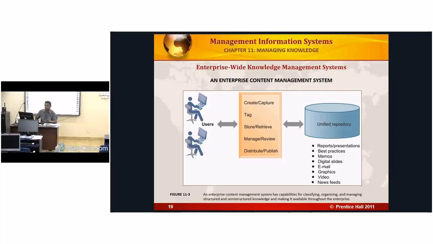So once you store those things in a document management system, it can be easily accessed with proper authentication, right? So everybody in the department cannot access each and every document, but with proper rights and authorizations, people can access documents.